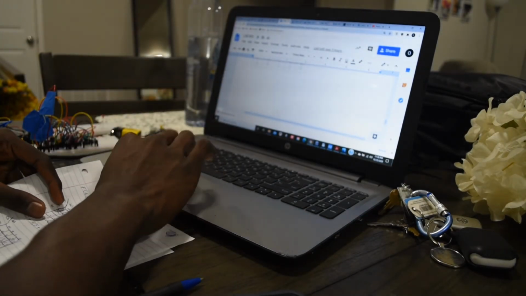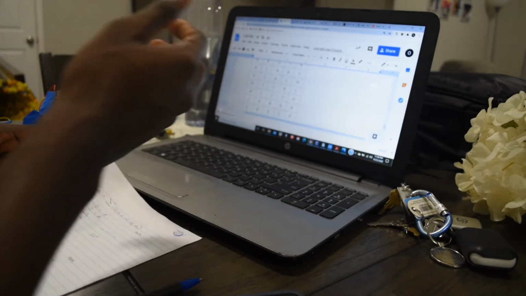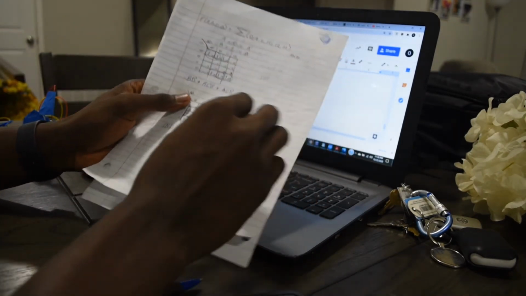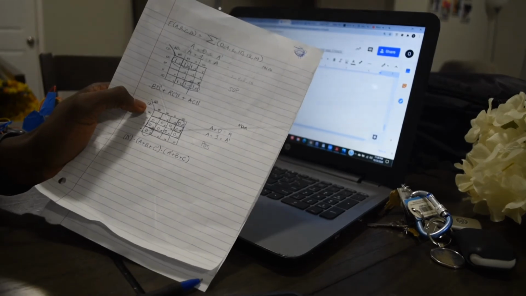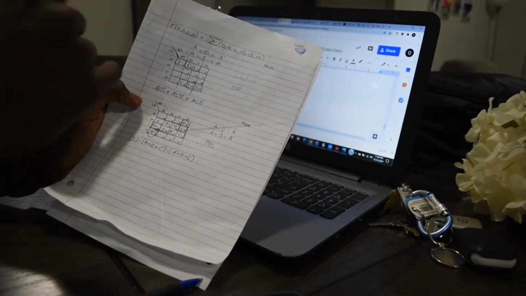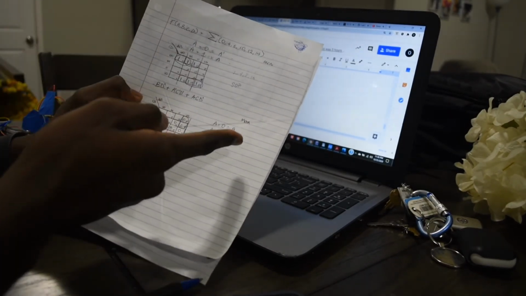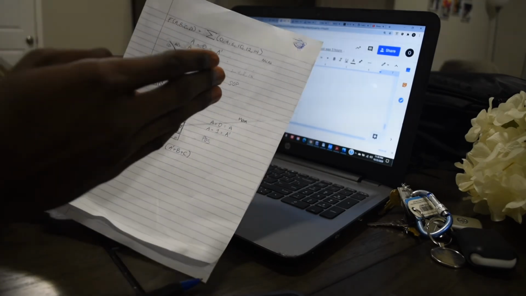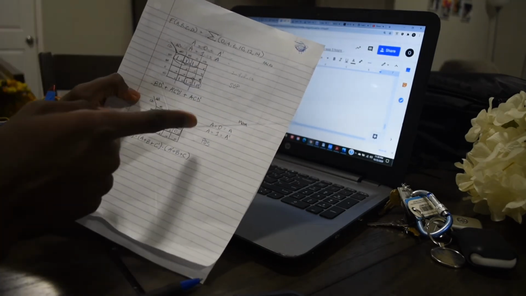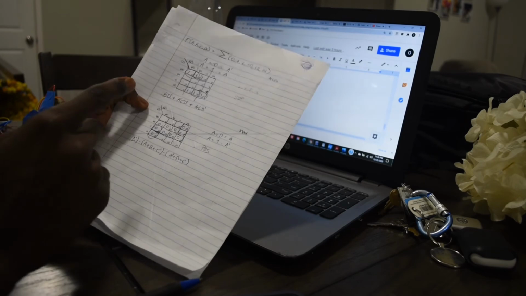So the result we got, we were able to verify that both these tables are the same. The sum of products is equal to the product of sums, which also means the mini term is equal to the max term.